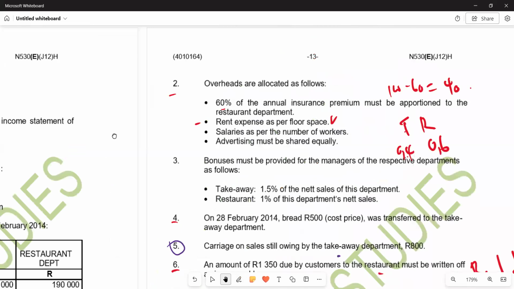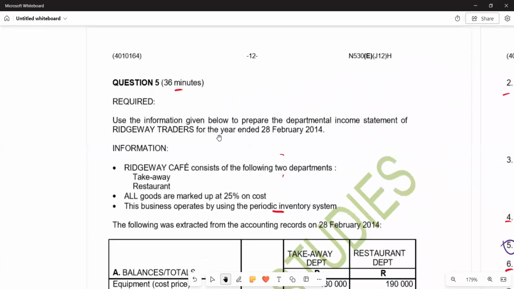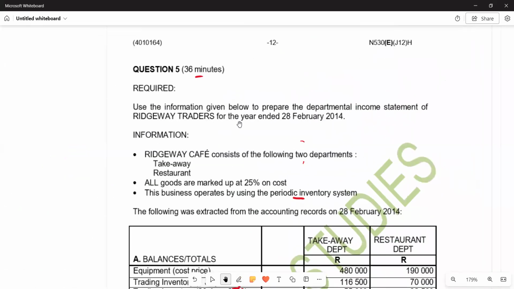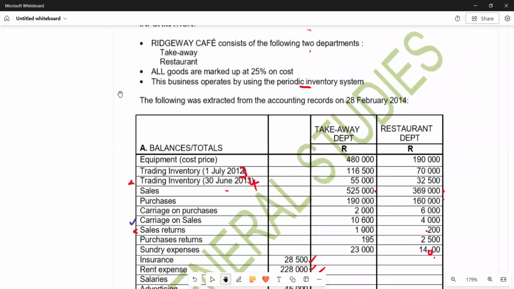So we go there. If you go there, you would see the figures that we are given for the equipment, which are the cost figures. We have takeaway having a cost of equipment of 480,000, and then the restaurant of 190,000.